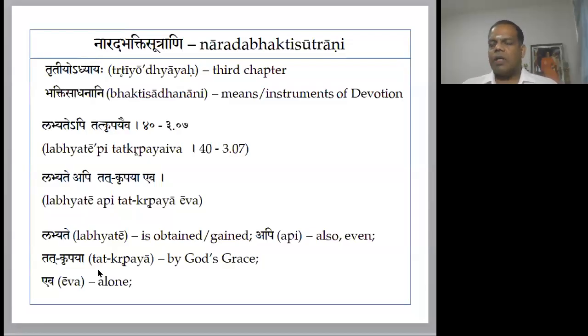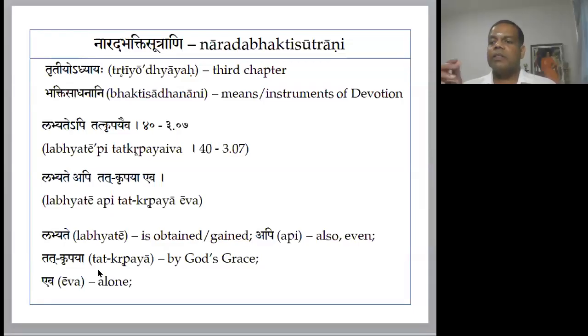Labhyate. So what is it talking about? What do we attain? We had looked at the previous sutras, a little bit of Shravana, Kirtana, to listen to the Lord. One was Loke'pi Bhagavad Guna Shravana Kirtanat.